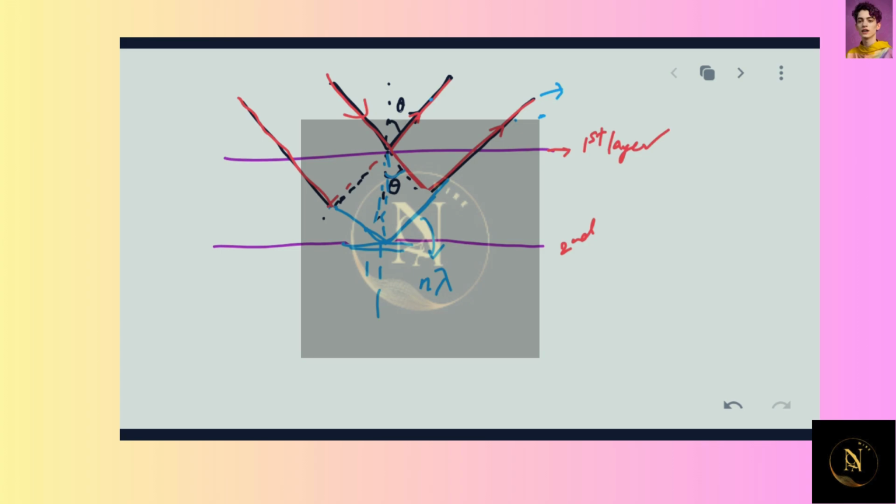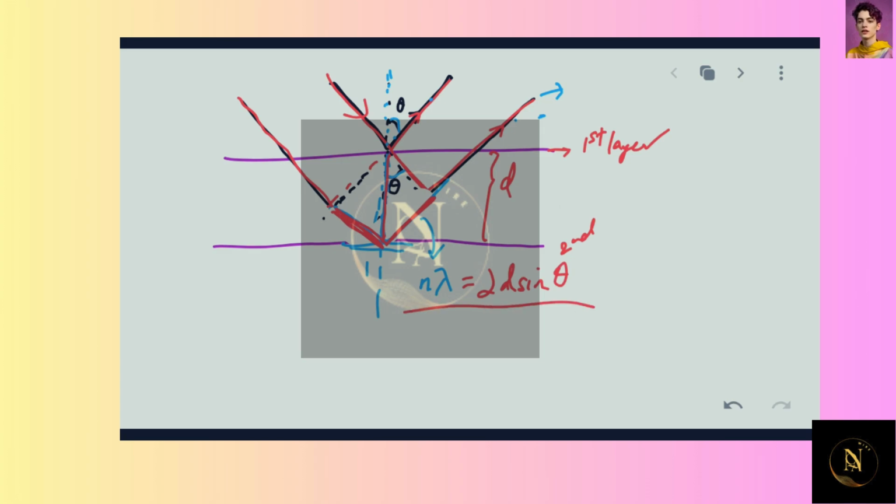Well, using the angle theta with respect to the central line over here, if we take the distance between two layers of crystal as d, then this distance over here plus this over here will be 2 times d sine theta.